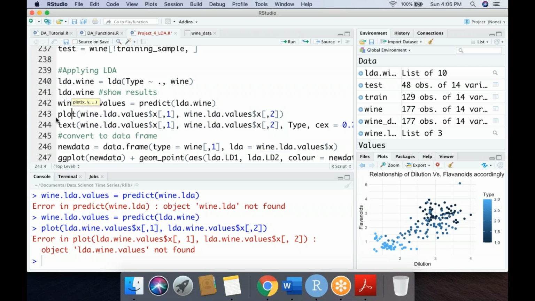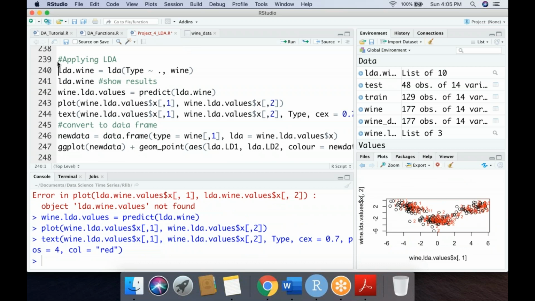Okay, there is one line. I think just this line needs to be corrected. So this LDA wine needs to be corrected.